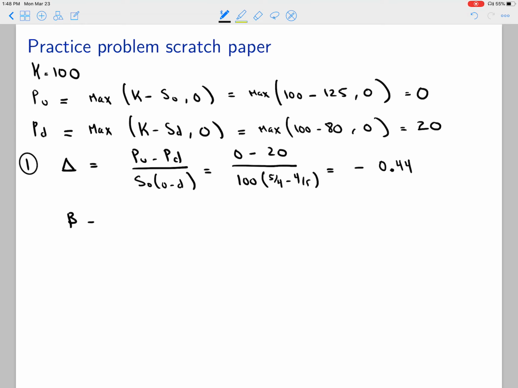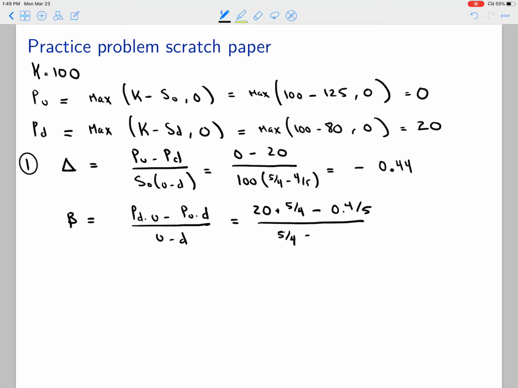The second part of the replicating portfolio is the bonds. What do we do with this money? What do we invest in? The formula for the number of bonds to buy is given by P_D times u minus P_U times d, over u minus d. Plug in our inputs: P_D is 20 times u, 5/4, minus P_U, 0, times 4/5, over the gross rate of return in the up state, 5/4, minus the gross rate of return in the down state, 4/5.